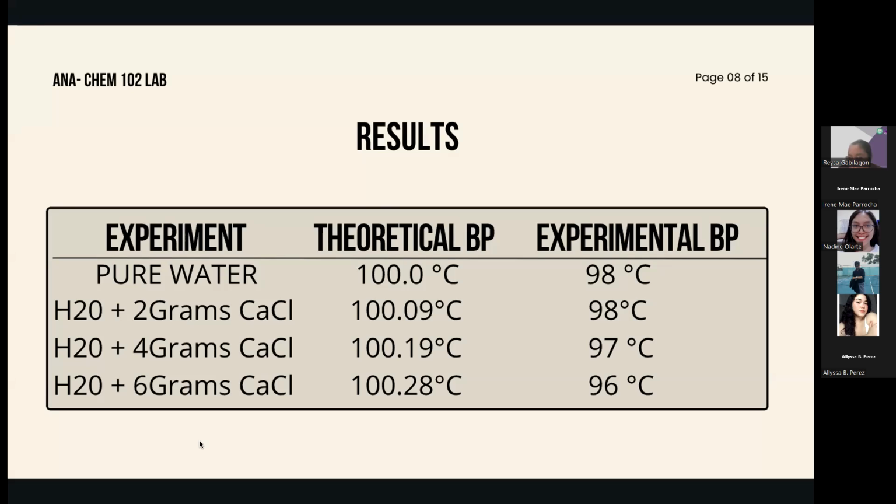And for the experimental boiling point, for experiment A, we have 98 degrees Celsius. For experiment B, we have 98 degrees Celsius. For experiment C, we have 97 degrees Celsius. And for experiment D, we have 96 degrees Celsius.